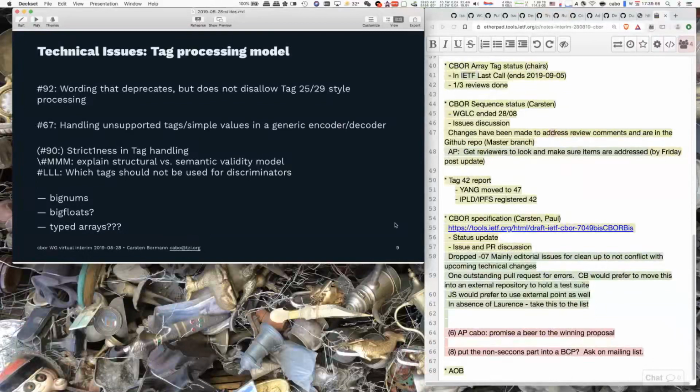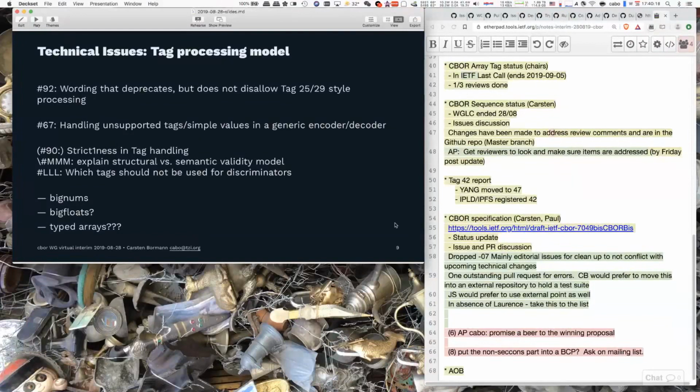How to handle unsupported tags, that's again part of the processing model, that certainly could go into the BCP as well. And then the whole strictness in the strict nonsense of handling tags, the structural versus semantic validity model.